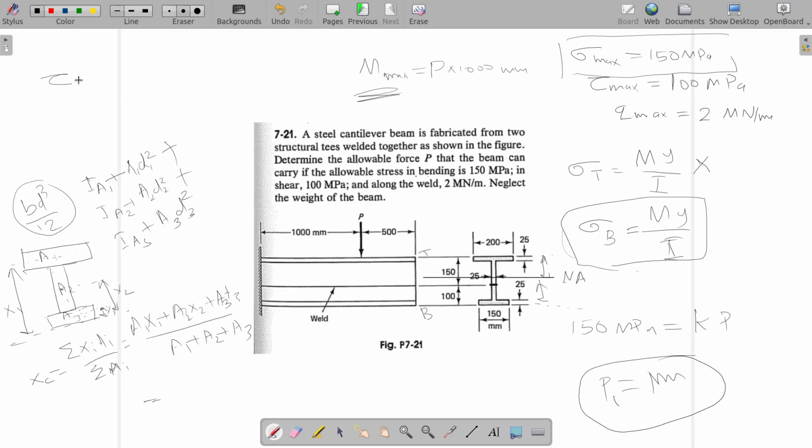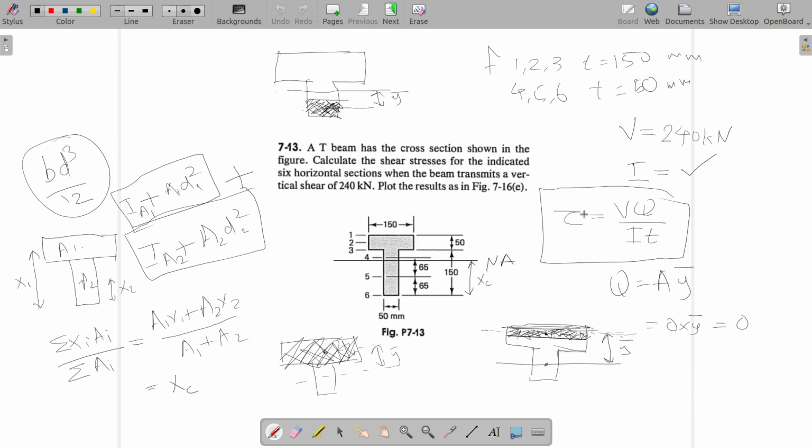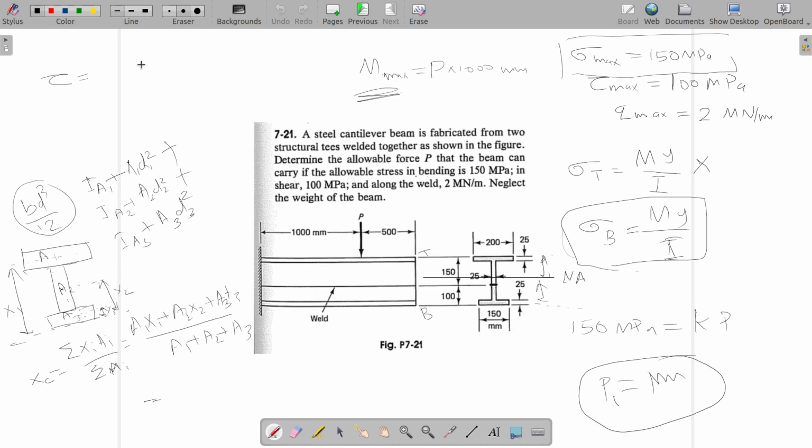tau is equal to, what is the formula for tau? That is VQ by IT. VQ by IT, and shear force is P here.